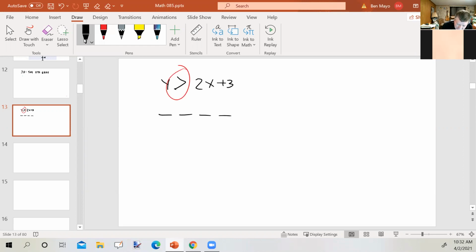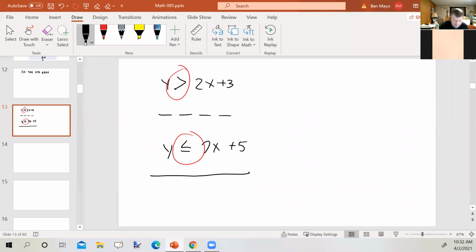Let's say, for instance, you've got y is less than or equal to 7x plus 5. Here, because it includes the equals, it would be a solid line. So if there's no equals involved, it's a dashed line. If there is equals involved, it's a solid line.